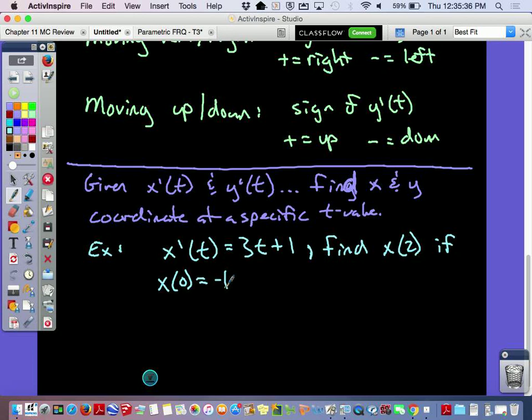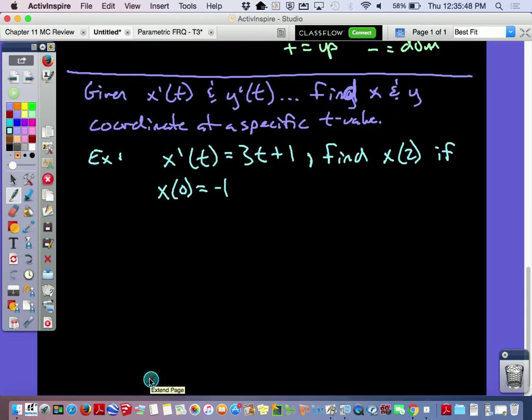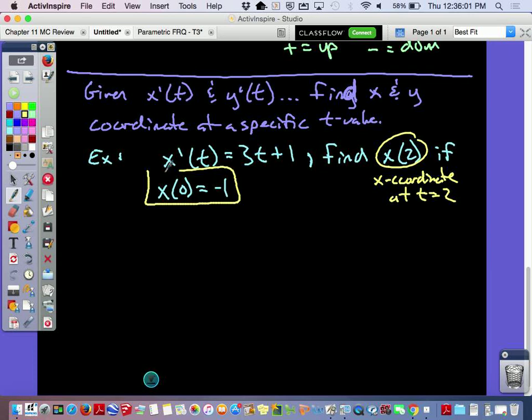When it just says find x of 2 or x of 0, that's looking for a coordinate. So this right here is looking for the x coordinate at t equals 2. This represents a known point.